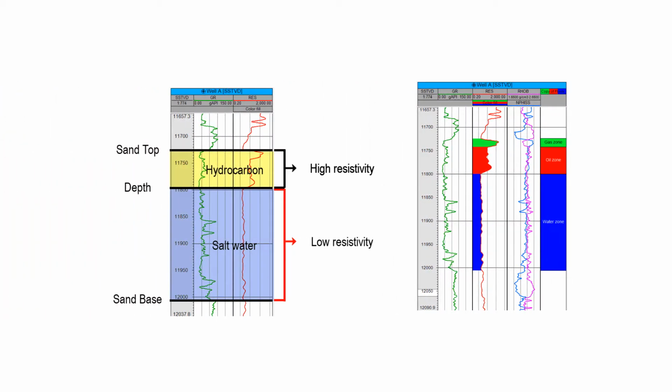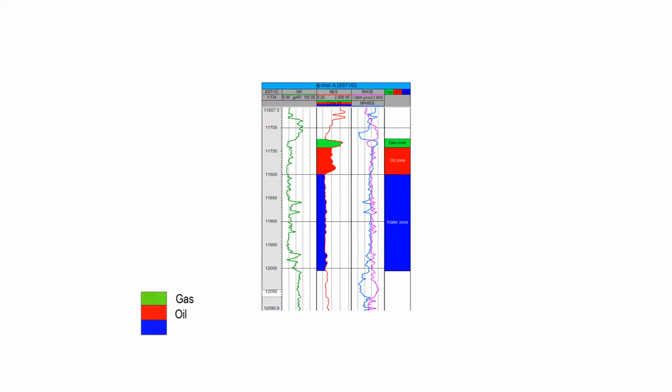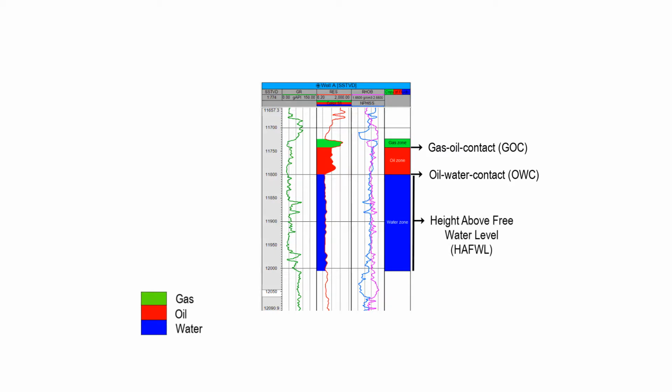So, having established 3 fluid types, 2 fluid contacts can be identified. The first one is the gas-oil contact, that is GOC. And the second contact is the oil-water contact, that is OWC. We can also trace out the height above free water level.